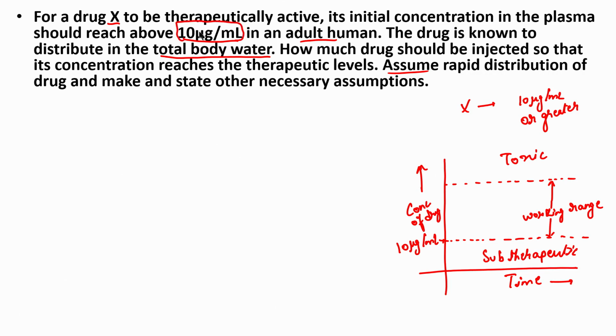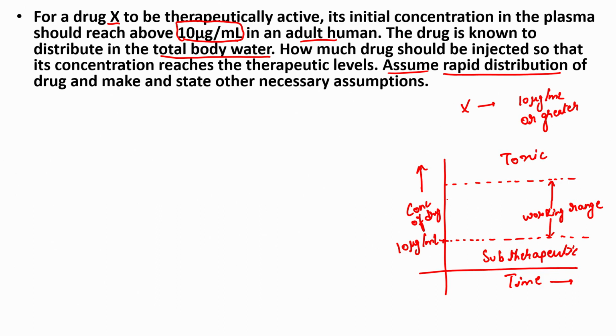So, I need that rate also. That is why one of the assumptions is that it is a rapid drug distribution. So, we can assume instantaneous distribution for this problem, and then of course, there are a lot of other assumptions we have to make as to what is the weight of the human, what is the total body water present. All of those assumptions we will make as we continue.